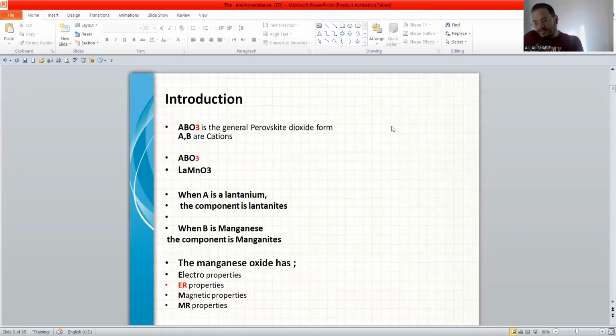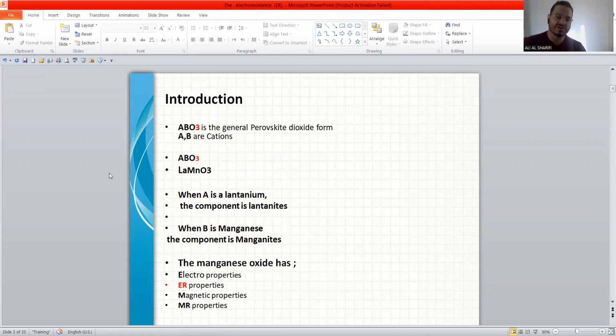Now, like we know, the original form of the perovskite oxide, not dioxide. Here I have a mistake. Oxide, perovskite oxide, because dioxide would mean a number of oxygen. Perovskite oxide is ABO3, where A and B are metals and there are 3 atoms of oxygen.